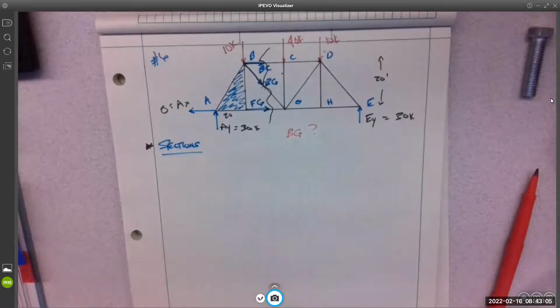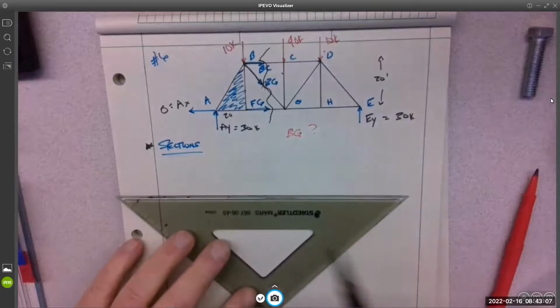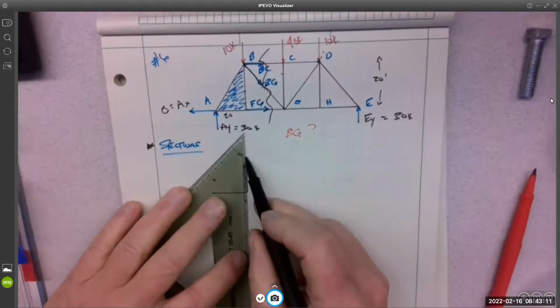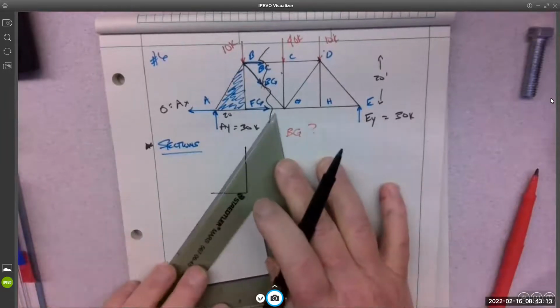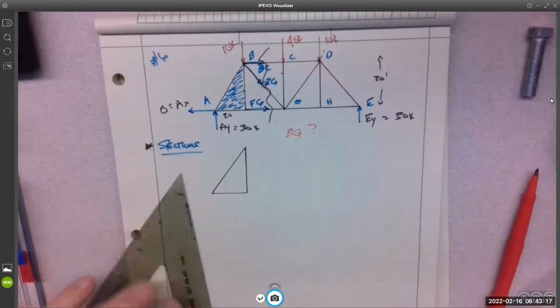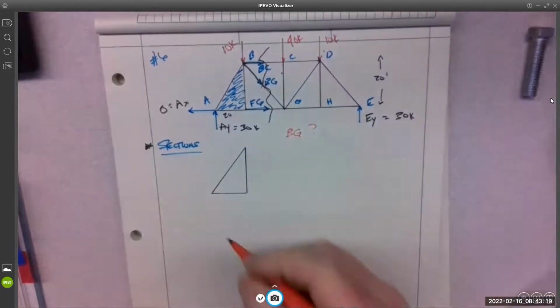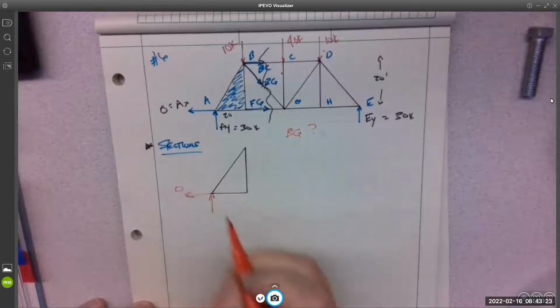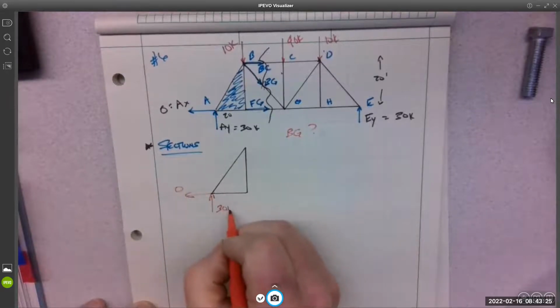I could redraw it. You don't have to. I tend to redraw it, depending on how complicated things are. One of the problems with redrawing is if you forget something, so I could be introducing error here, but I'm going to redraw it just for clarity. That one's 0. This one is 30K.